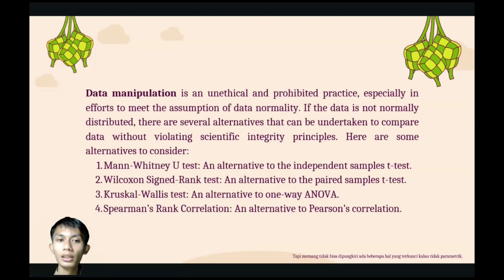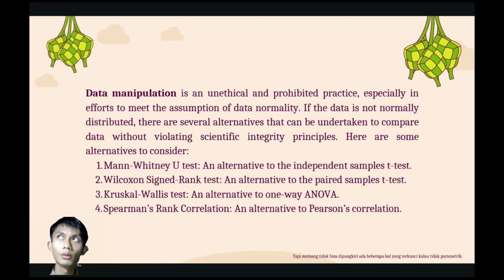Some people suggest data manipulation, but I will say that data manipulation is unethical and a prohibited practice, especially in an effort to meet the assumption that the data is normal. There are some alternatives if the data is not normally distributed.